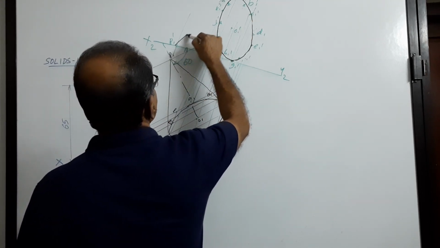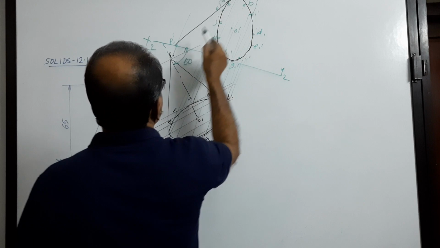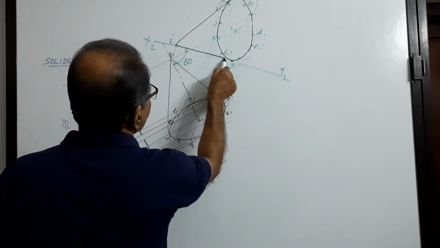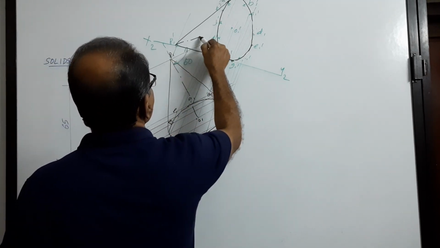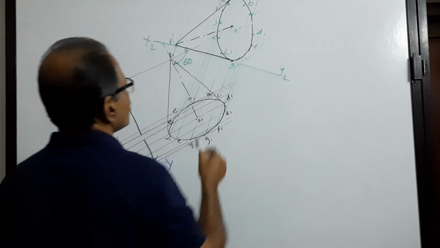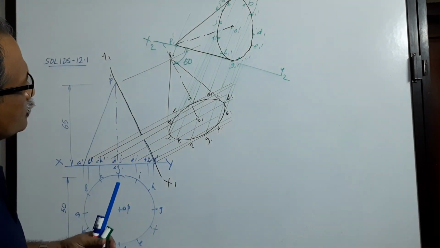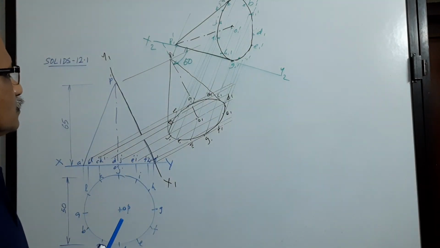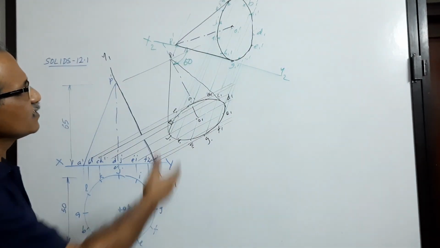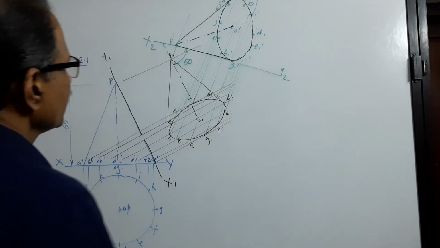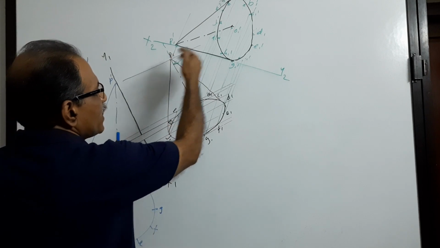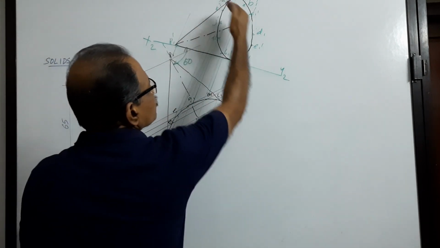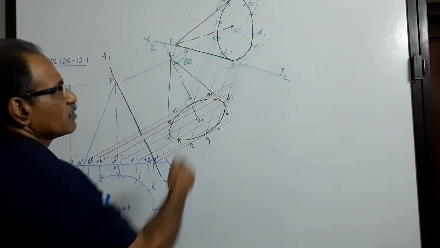Apex. This is the elevation. Since the apex is nearer to VP and the base is nearer to the observer, the full base will be visible.